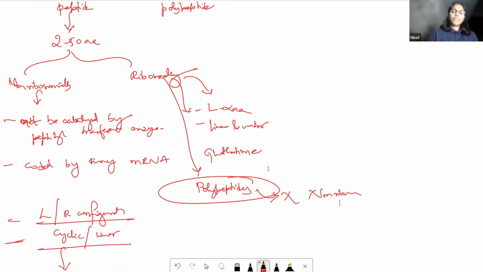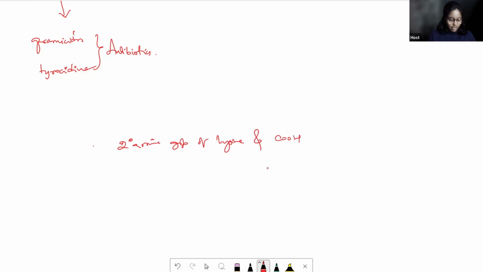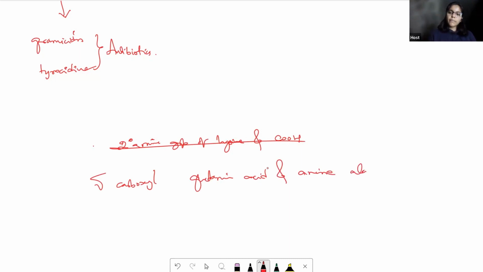Can a peptide bond form between different groups? If I say that a peptide bond can form between the secondary amine group of lysine and the gamma carboxyl group of the glutamic acid, and the amine group of the alanine, is it possible to form a peptide bond like this?